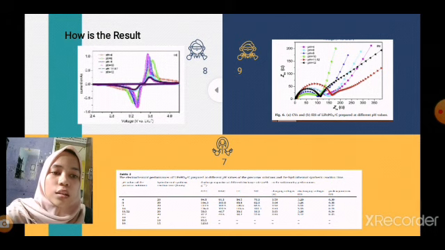The depressed semicircle in the intermediate frequency region for lithium iron phosphate C prepared at pH 10 is the smallest, indicating the lowest charge transfer resistance and the highest exchange current.